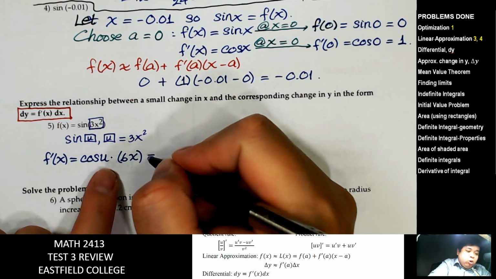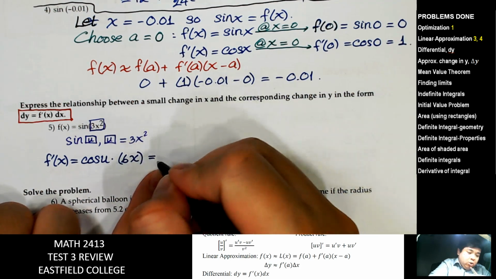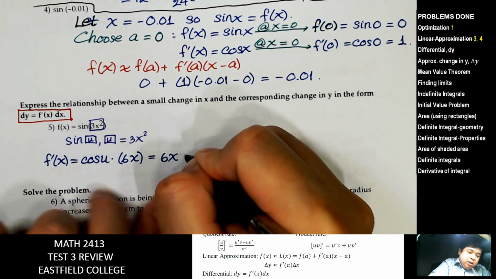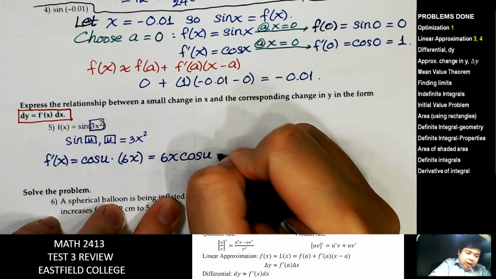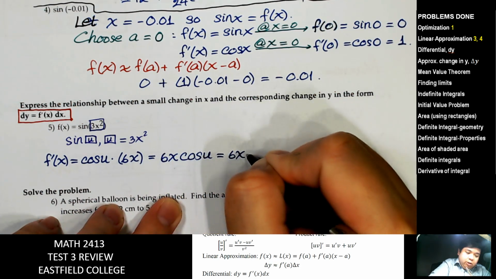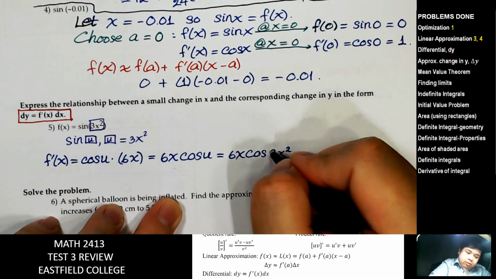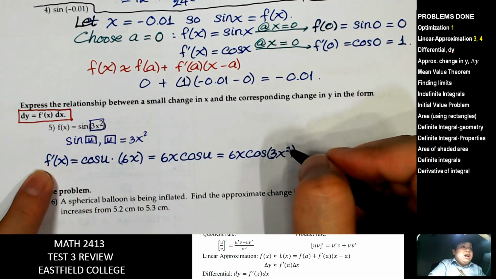So we just have cosine of u. U is 3x squared, so I would move the 6x in front of cosine of u, and cosine of u is just cosine of 3x squared. Right, so that is the derivative.